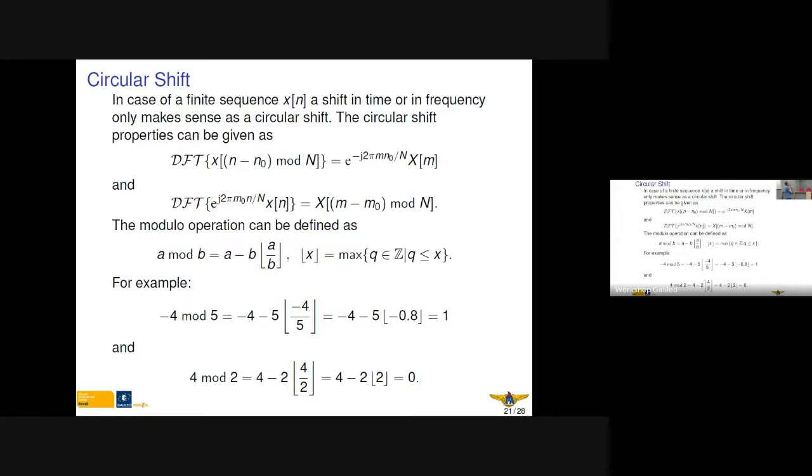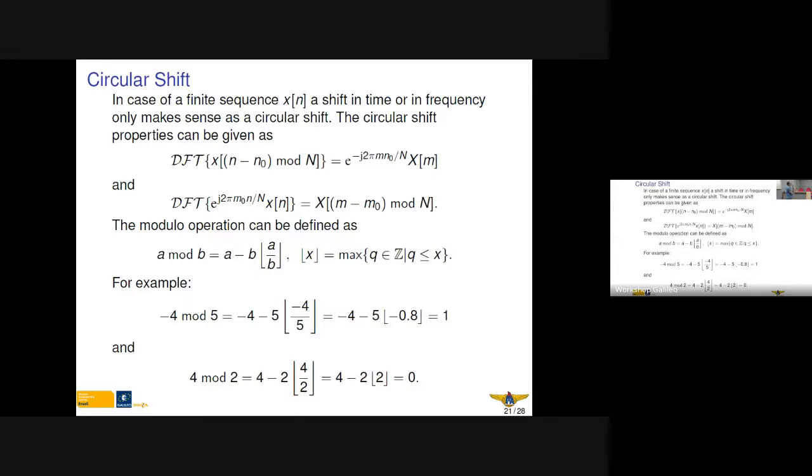The circular shift property can be given as follows: the DFT of x of n minus n0 modulo N is equivalent to the exponential function of minus j 2 pi m n0 divided by N times X of m.